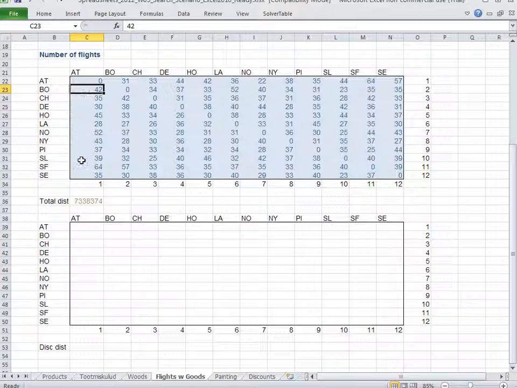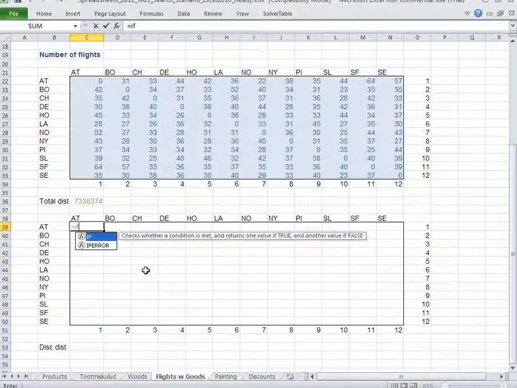So such a simple rule for discounting, and then we'll see how much after the discount has been made for a business partner, how many miles the logistics company will be charging. So let's write equals if, and now we'll again make these tables work together.